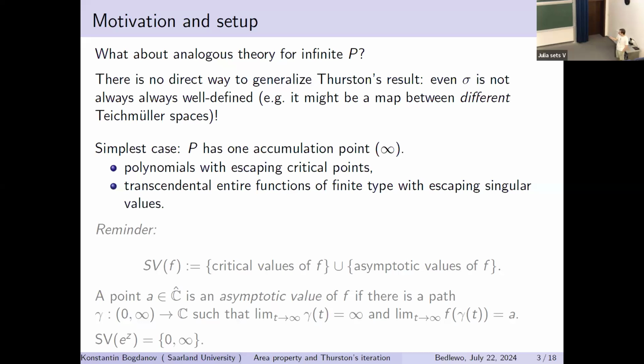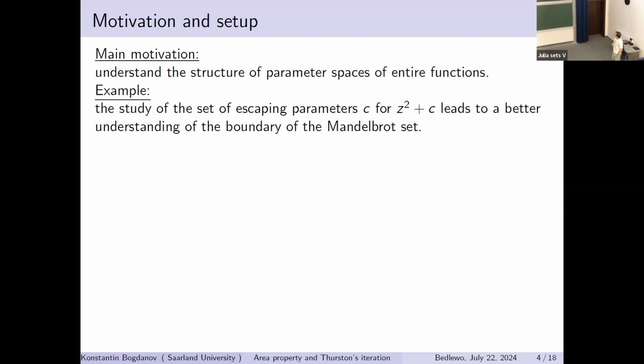The simplest example is, of course, the exponential. For the exponential, the set of singular values is 0 and infinity. Next, by slight abuse of notation, when I talk about singular values, I speak only about finite singular values, and I drop infinity because it's a special point for us. We imply that it's always there. It's always an asymptotic value.